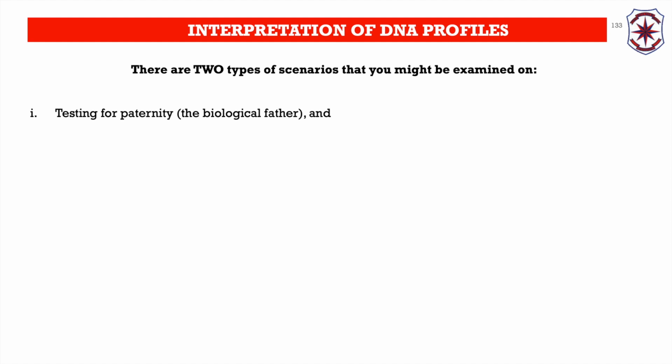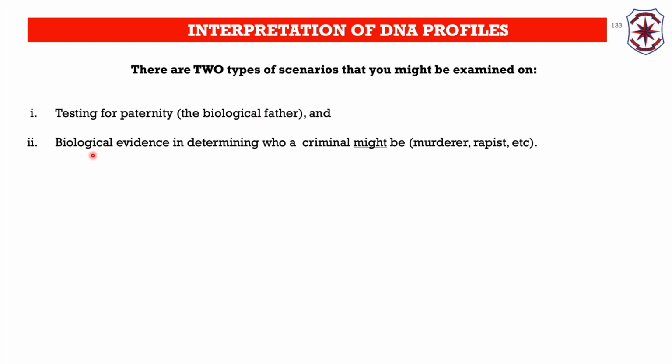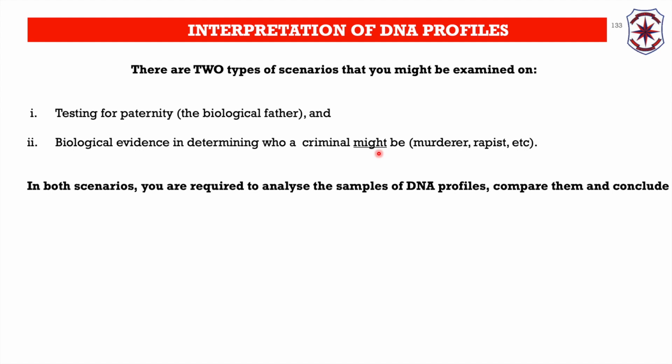When we talk about paternity, we are talking about testing who is the biological father of a certain individual. And you will be tested again on biological evidence in determining who a criminal might be in a criminal case, in a murder or a rape case.